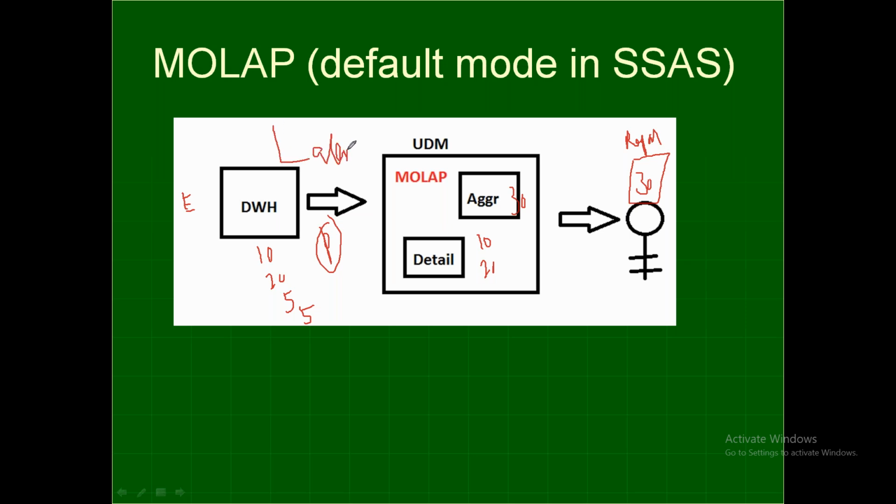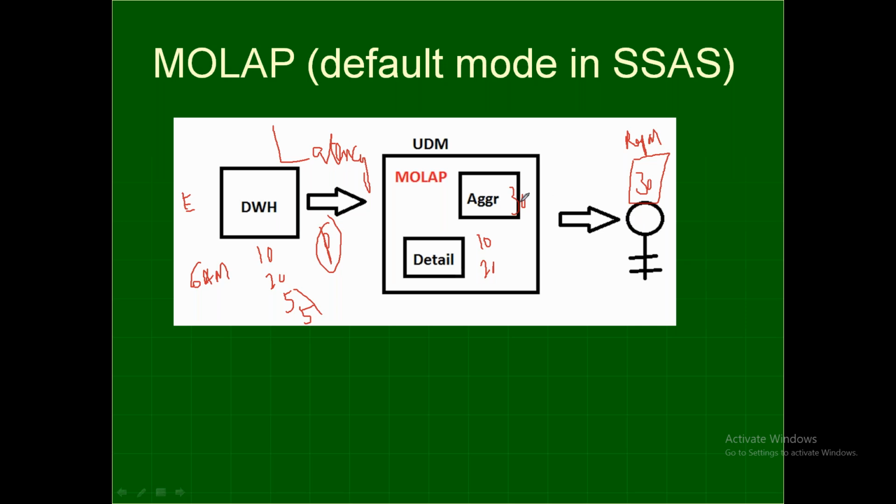What is the big issue in your MOLAP? It is delay. What do you mean by delay? I loaded the data, let us say, at 6 o'clock this morning. So these two rows got loaded. But at 9 o'clock, my manager comes and refreshes the reports. Still he sees 30 only. At 1 o'clock also he opens the report.